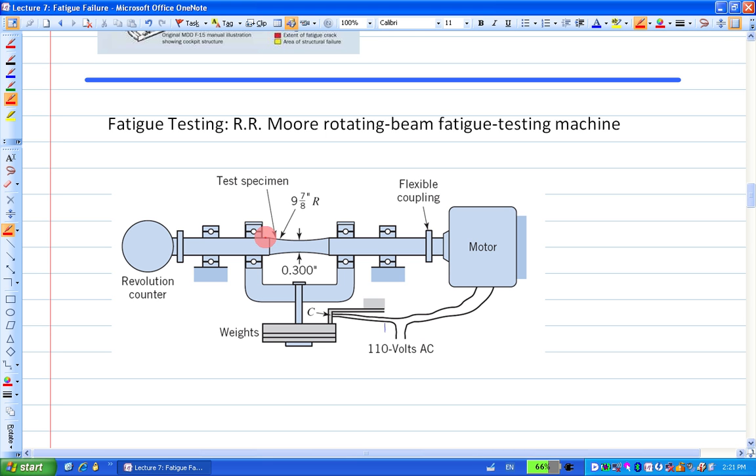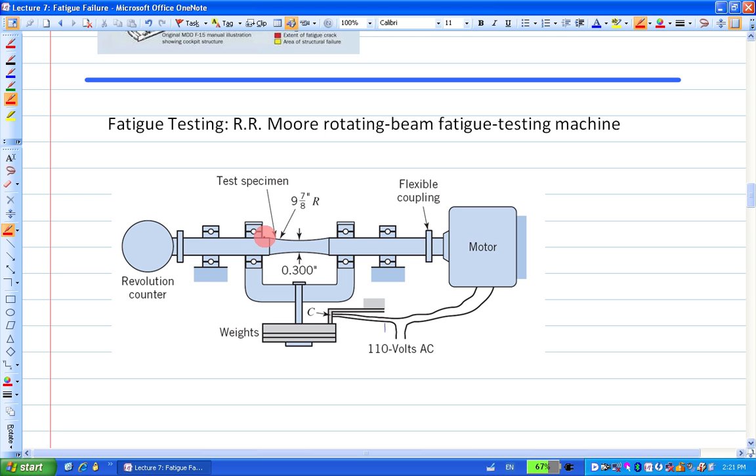This is the test specimen here in the middle. It's manufactured according to standard, with a standard diameter in the middle, 0.3 inch. The surface has to satisfy the standard surface, so it's ground. Then you also have the radius of this curve here, so everything is standard.